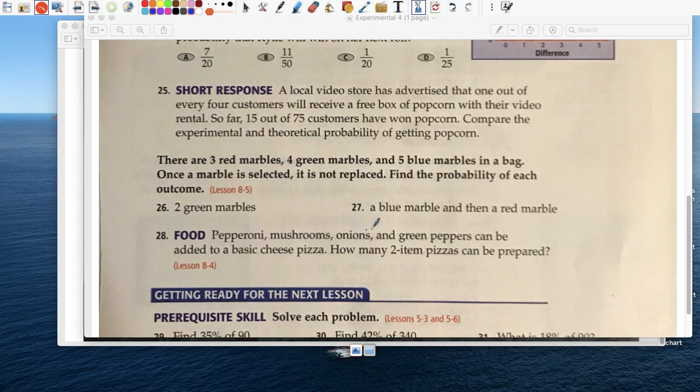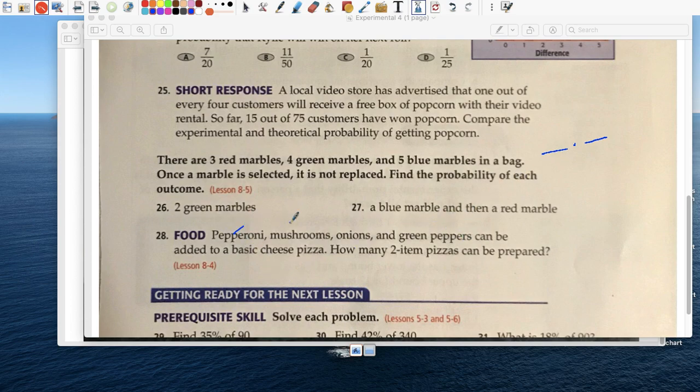Pepperoni, mushrooms, onions, and green peppers can be added to a basic cheese pizza. How many 2-item pizzas can be prepared? So how many choices do you have for your first topping?